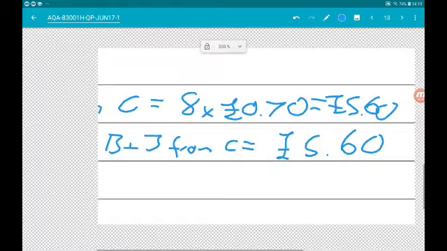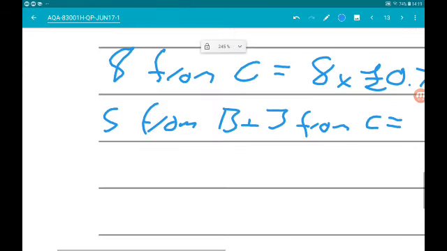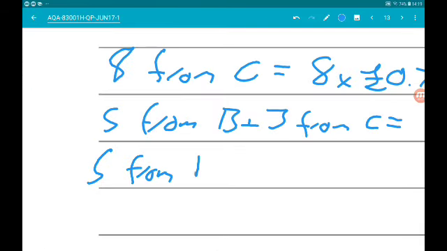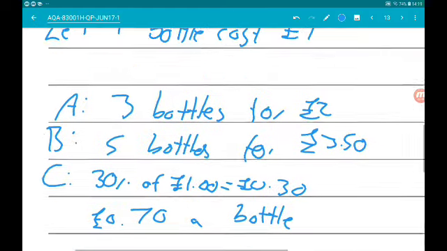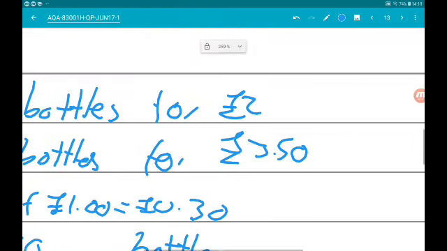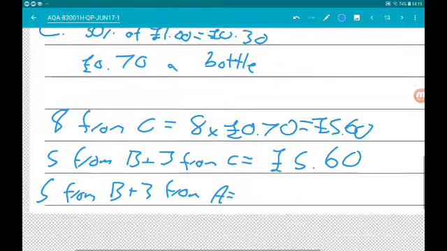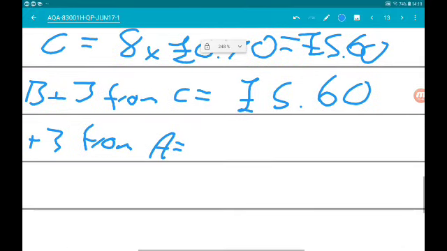We could get 5 from B and 3 from A. That's going to cost £3.50 add £2, just £5.50.